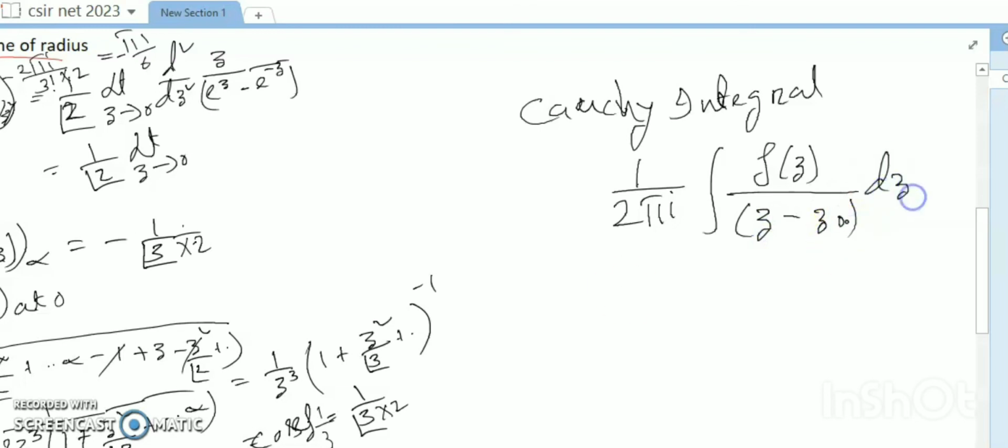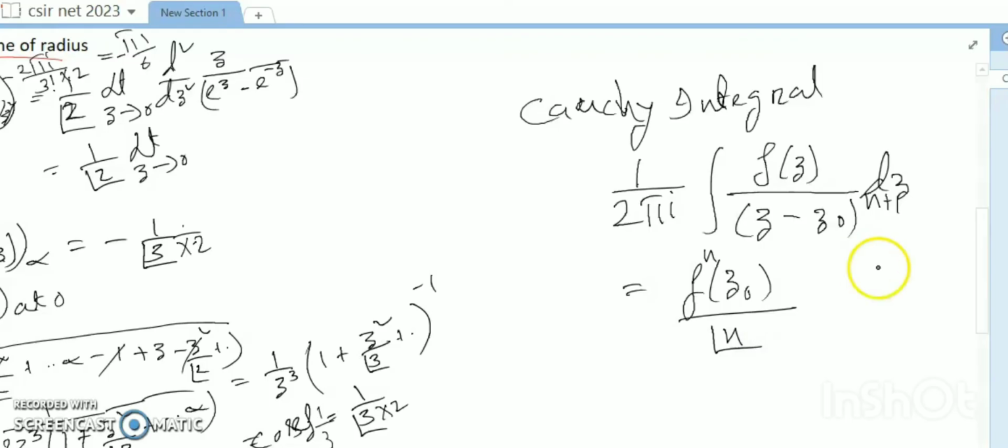And for the generalization with power n plus 1, it is f^(n)(z0) divided by n factorial. Okay, this is the formula. I hope it is clear, because of the Cauchy generalization.